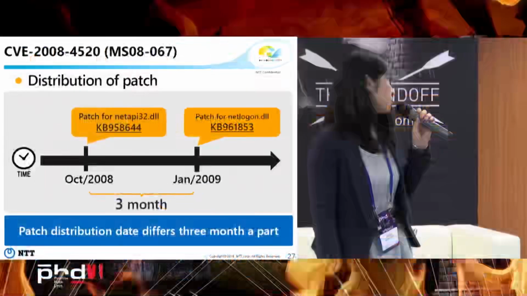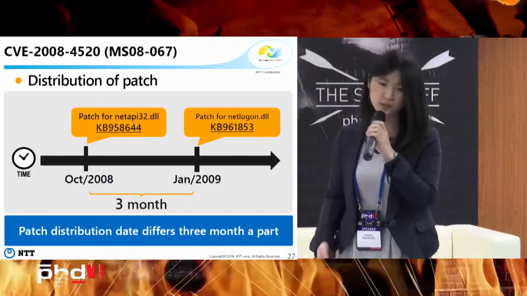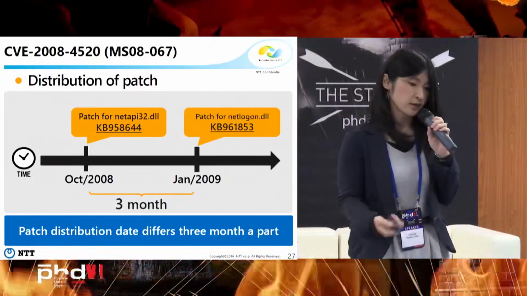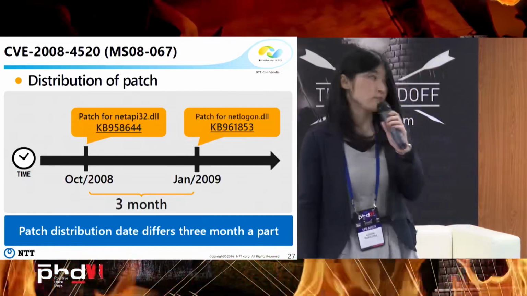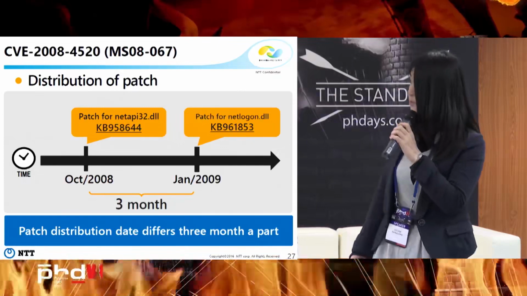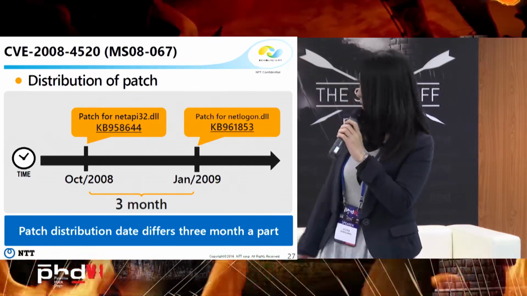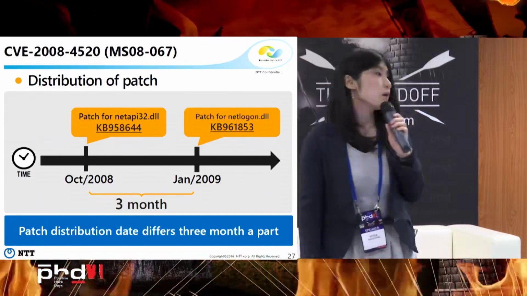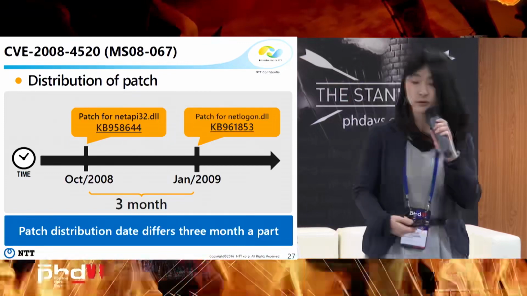And more interesting, this vulnerability's patch distribution date differs by a maximum of 3 months. As I said before, since this vulnerability is used by the Conficker worm, if an attacker realizes this reproduced vulnerability, the victims of the Conficker worm will increase.